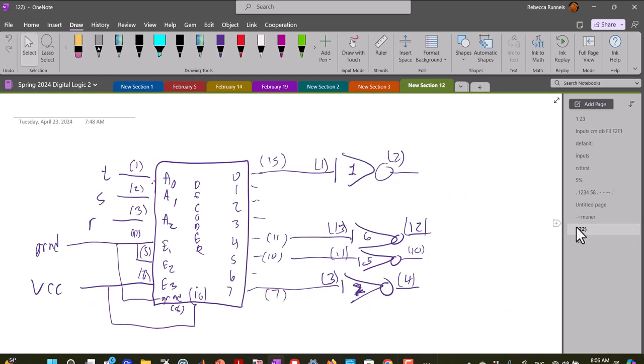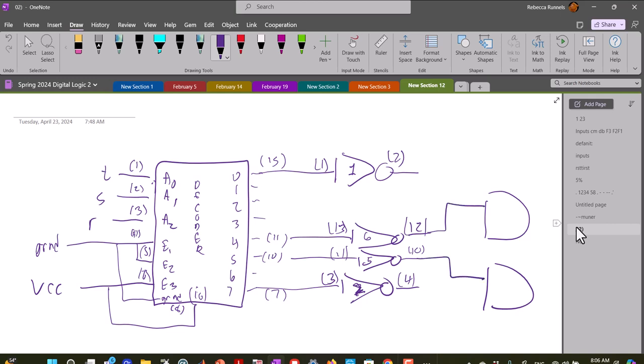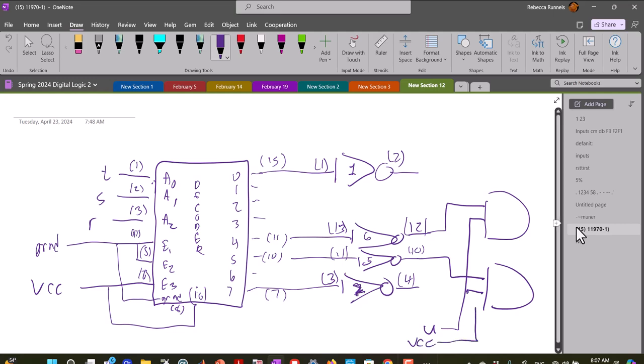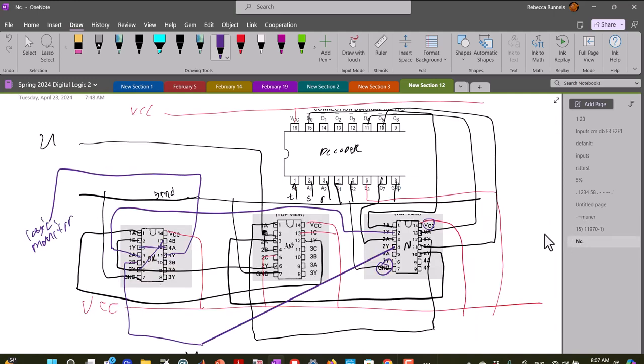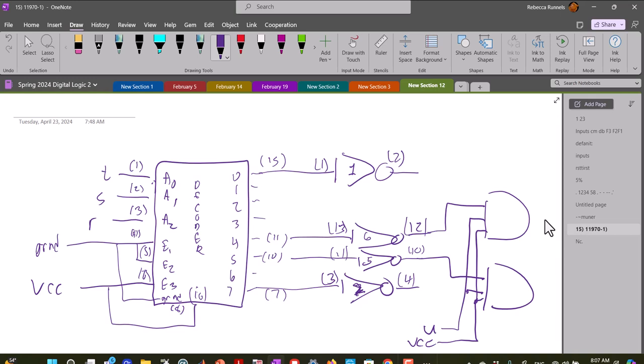Okay, and then we're going to have a 3 input AND gate. We have 2 3 input AND gates. And on our 3 input AND gate, 1, 2, 13.